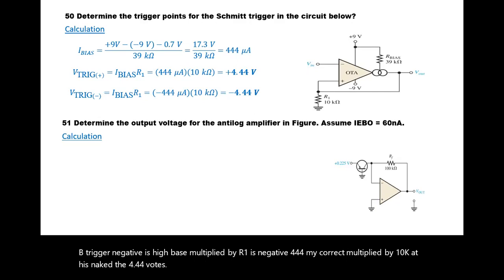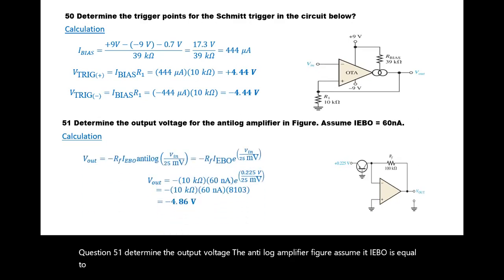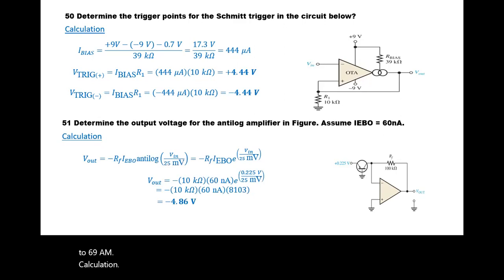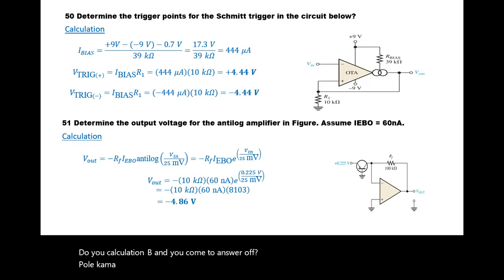Question 51, determine the output voltage for the antilog amplifier figure. Assume that IEBO is equal to 62 nanoamps. Calculation, V out is negative RF IEBO, the antilog of V in divided by 25 millivolts. Do your calculation there and you come to an answer of 4.86 volts.